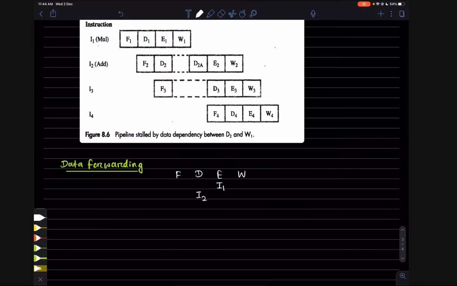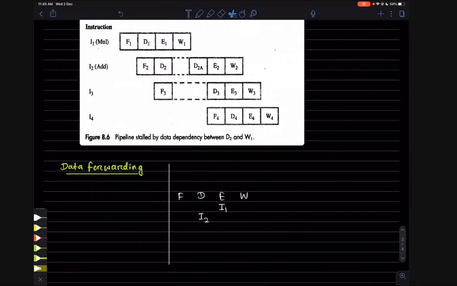We will make two columns so that you can understand: this is without data forwarding, and this is with data forwarding.